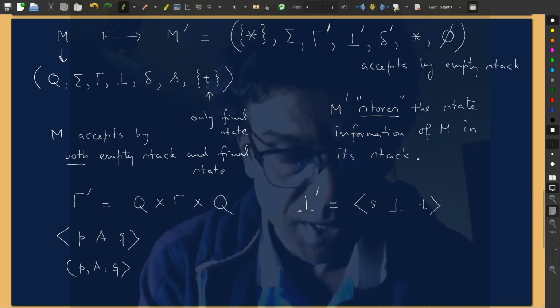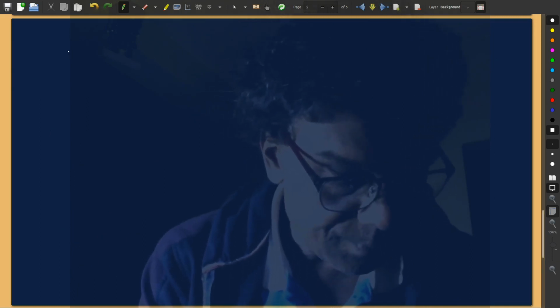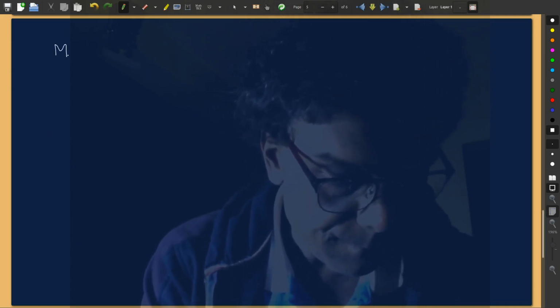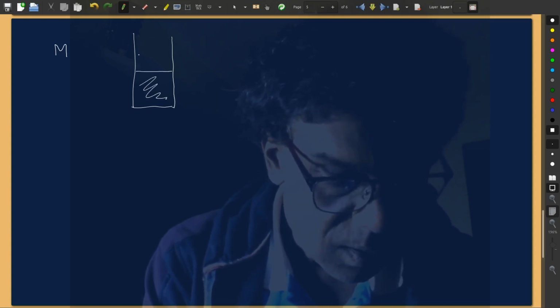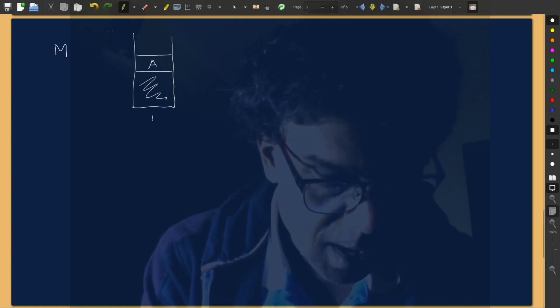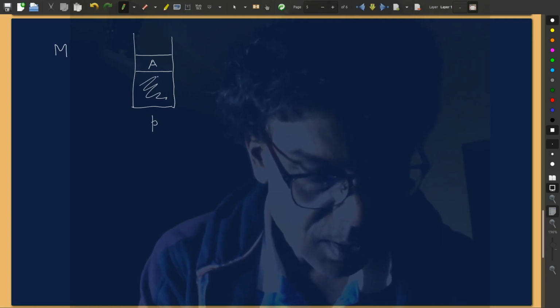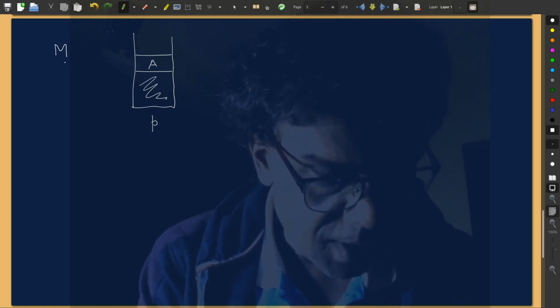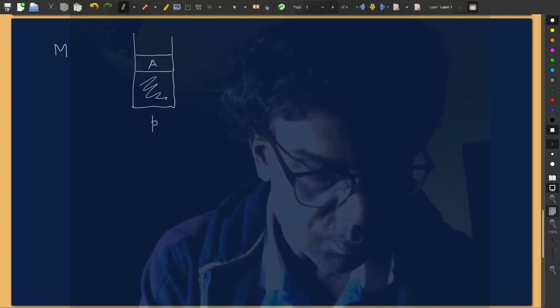Let us look at M. M has a situation like this. There is something on the stack, but on the top you have A, and you are in state P. This is for M. Note that this M accepts by emptying its stack.